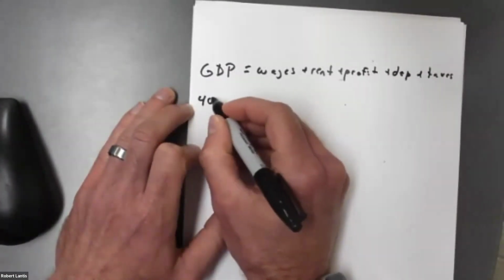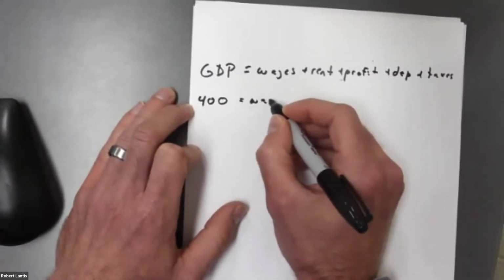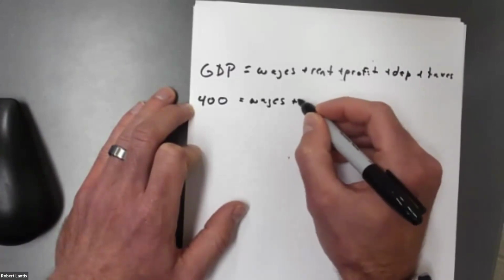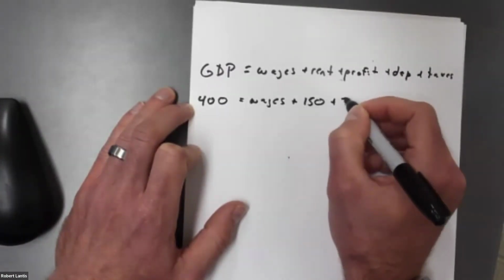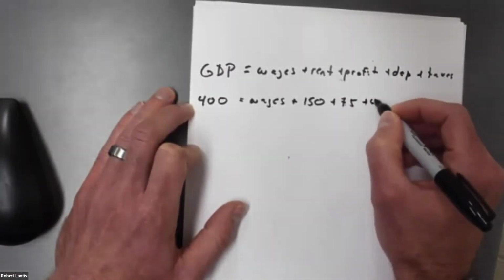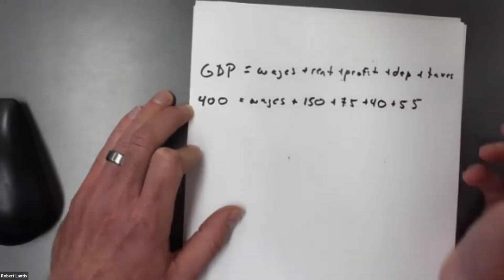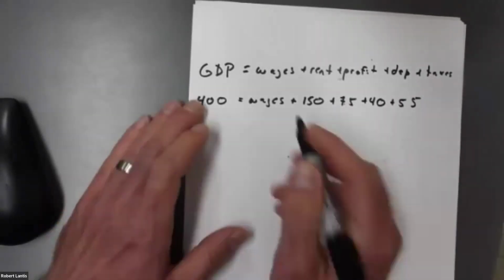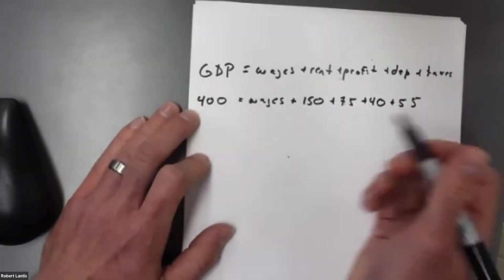I told you GDP was 400. We don't know what wages are. We've got rent being 150, profits are 75, depreciation was 40, business taxes are 55. What must wages be in order for this to be our GDP?